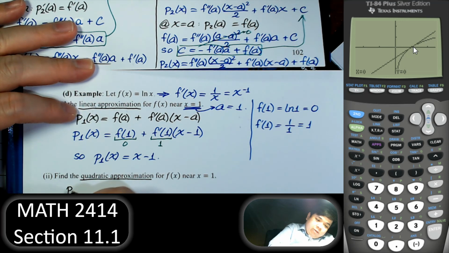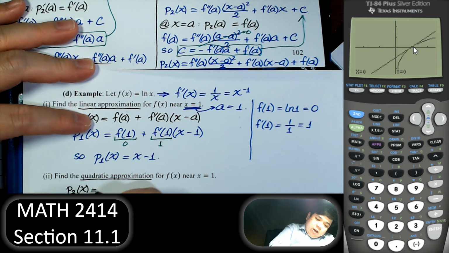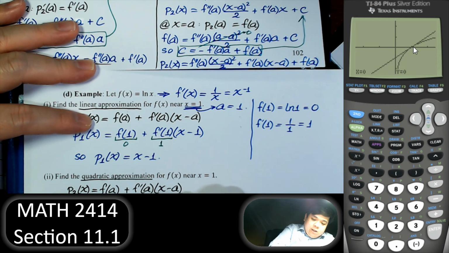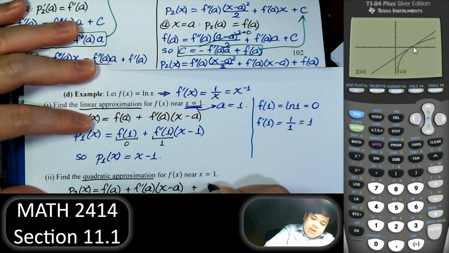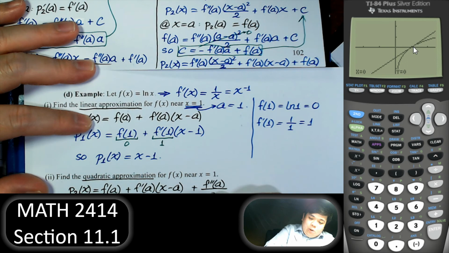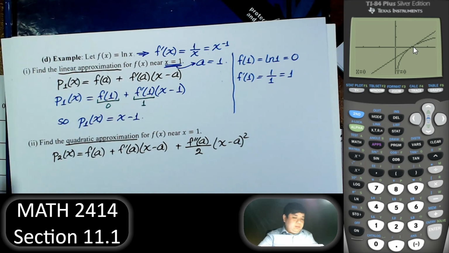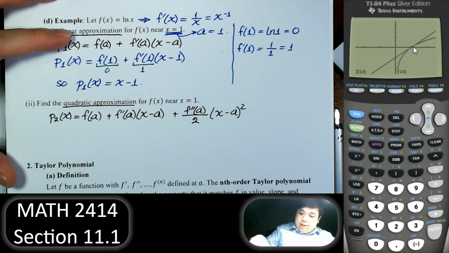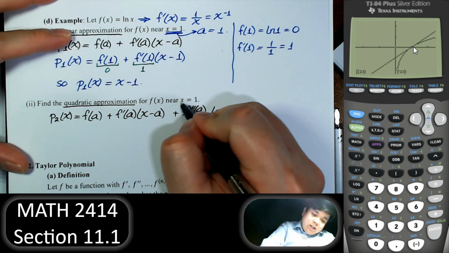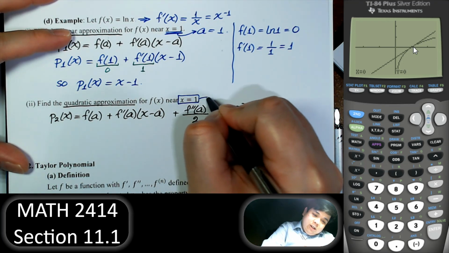So P2 of x equals f of a plus the derivative at a, plus the second derivative at a over 2 times x minus a squared. So we have a quadratic.